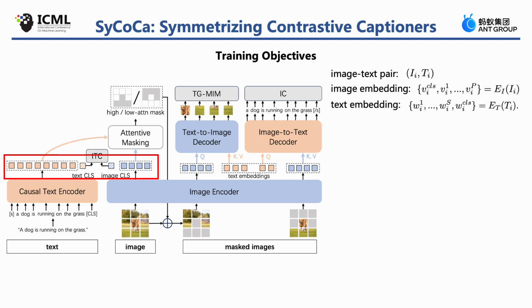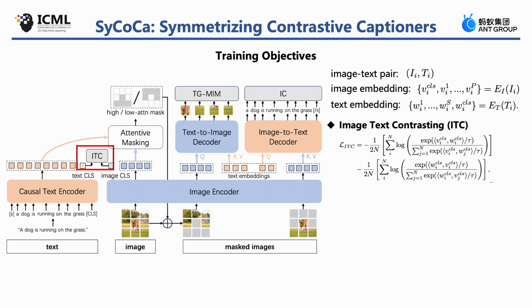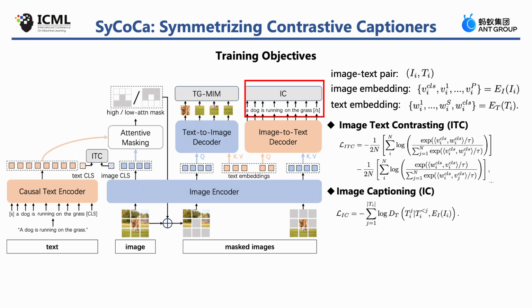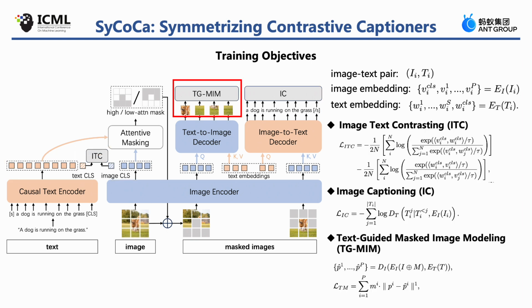SyCoCa uses three objectives, namely the image-text contrastive, the image captioning, and the text-guided masked image modeling, where the IC and the TGMIM construct the image-to-text and text-to-image cross-modal interactions and take the high-attention masked and the low-attention masked image as inputs respectively.